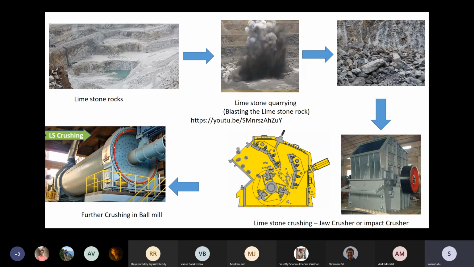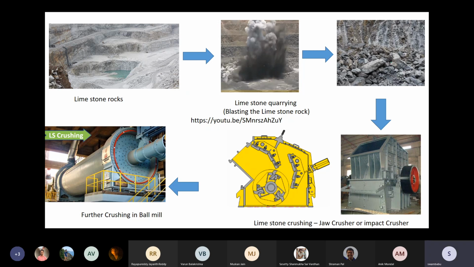It is not easy to crush it with any type of normal instruments. So what they do is quarrying, that is blasting. Wherever limestone rock is there, they will blast it. Upon blasting, you will get small and big chunks of limestone rocks.